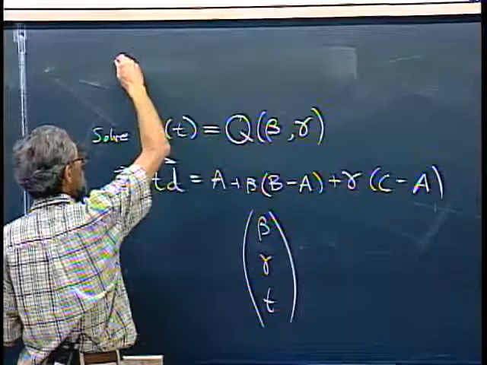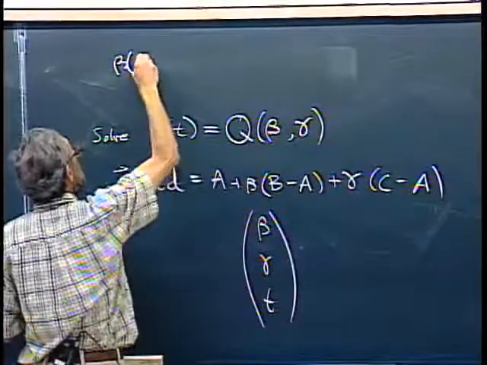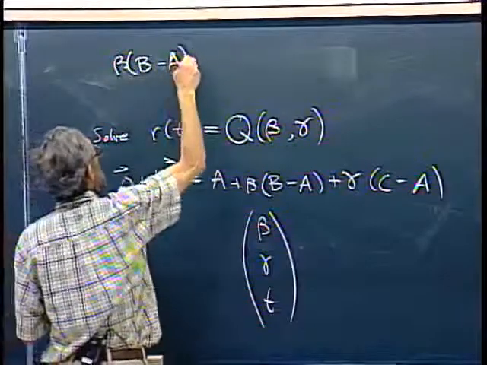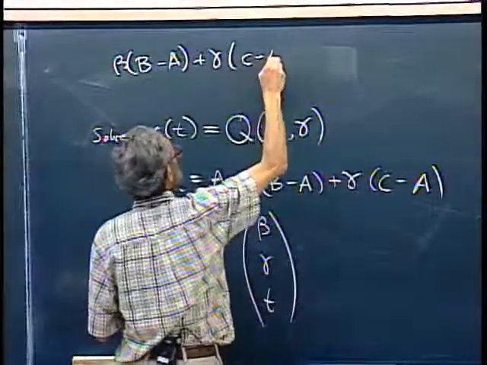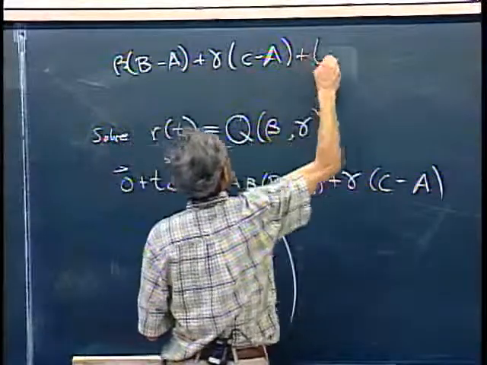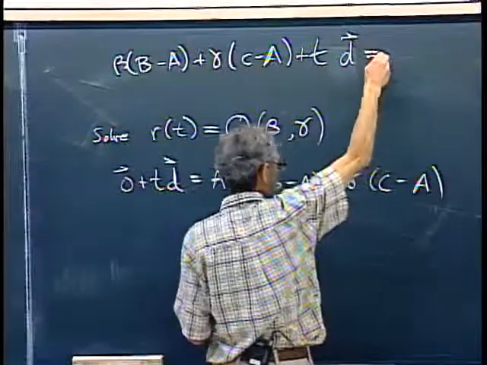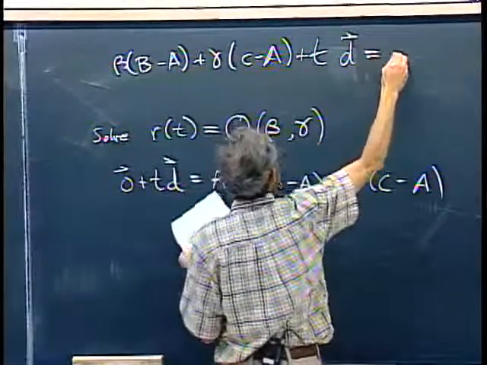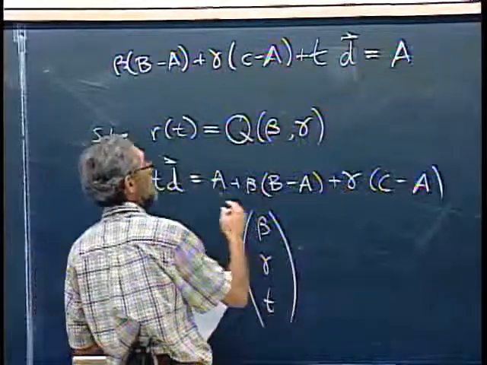So that means I have beta times B minus A plus gamma times C minus A plus t times the vector D equals, let's see, my right-hand side has an A right now from here, and I'll put a minus O here.